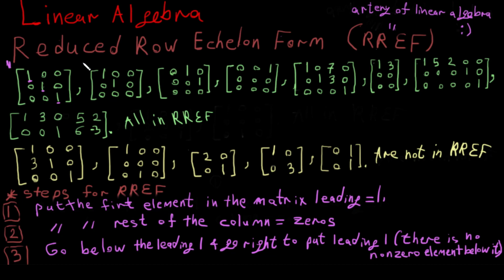Here the same thing: imagine 1, go below it, then go right until you find 1, which is the leading 1, and keep going until you find 1. Remember this condition: there is no non-zero element below it when you are searching.